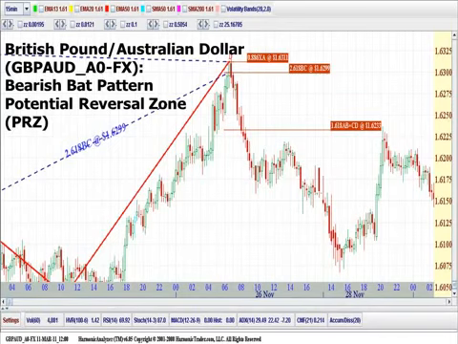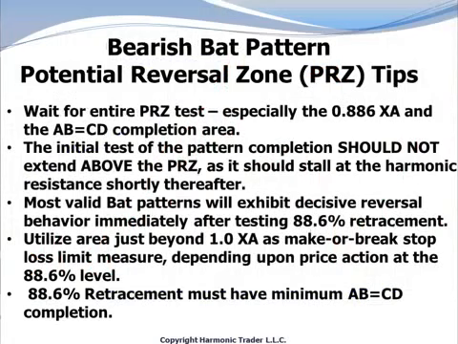But as we will see when we get into the trade execution webinar, the best way to handle these trades is first wait for the pattern to complete, look at the next price bar after the entire zone has been tested to look for those early indications of the validity of the structure. In this case, immediately after testing the most critical number in the zone, the 886, the price action stalled and reversed quickly thereafter.